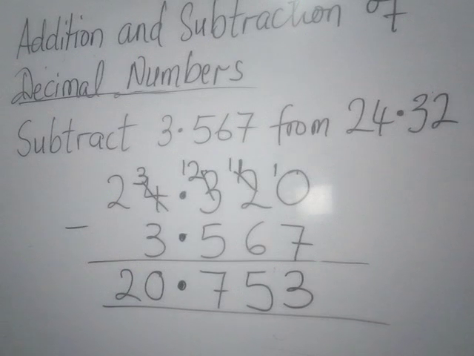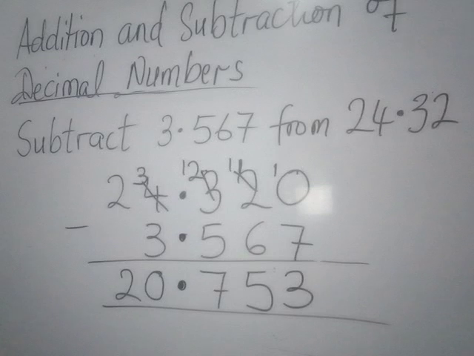Okay? So basically, the way we do addition in whole numbers is also the way we do it in decimal numbers. But the basic difference is the alignment of the points. You have to make sure that in decimal numbers, your points are properly aligned, or else your answer can never be correct. Unlike whole numbers, where you always ensure you start arranging from the unit, in decimal numbers, what matters is to make sure your points are aligned.